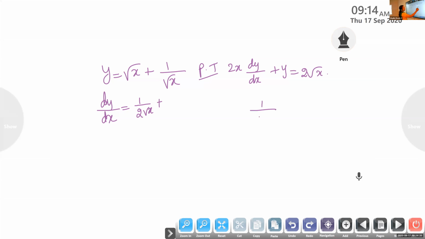What is the derivative of 1 by x square, Krishna Chandran? Emmanuel, what is the derivative of 1 by x square?